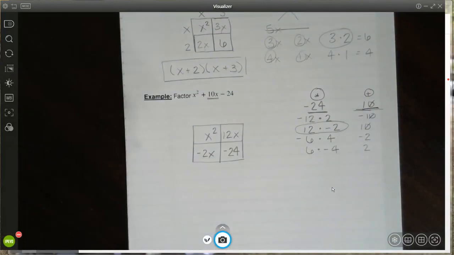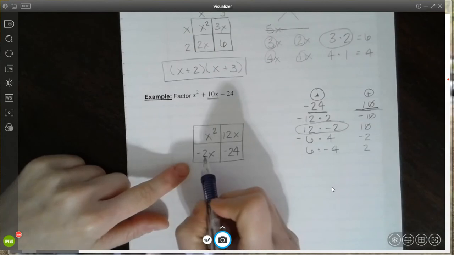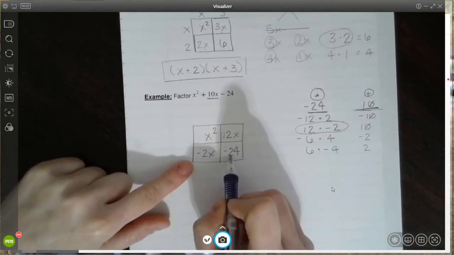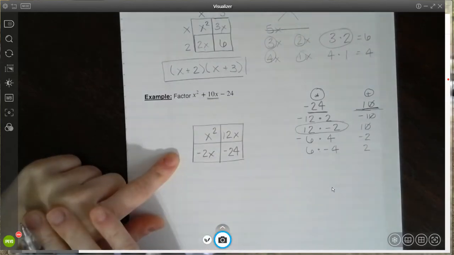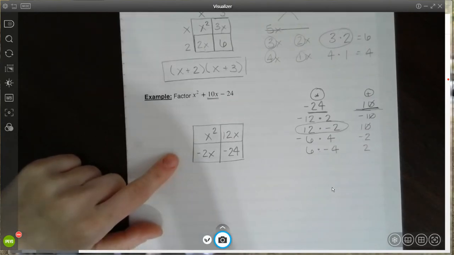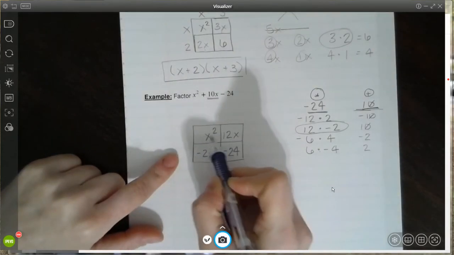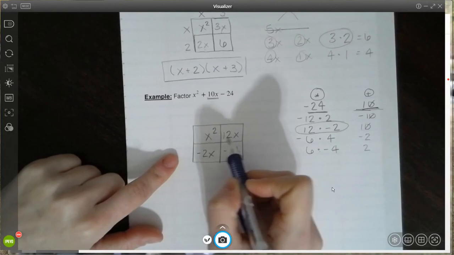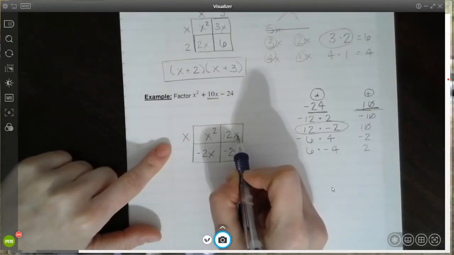And now I need to think, what would my side lengths have been for each column and each row in order to get 12x and negative 2x when I multiplied with these two things along the top? If you remember doing greatest common factor, that is another thing that you can use to think about here. So if I'm looking at x squared and 12x, both of these things had to be multiplied by x in order to create both of those statements.